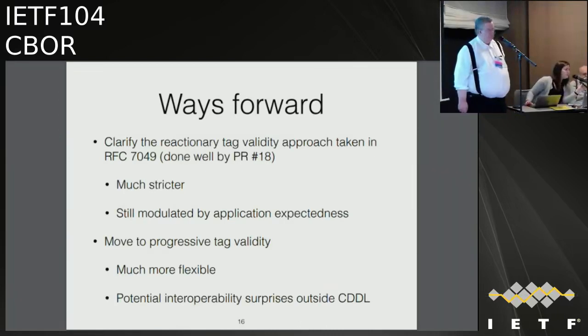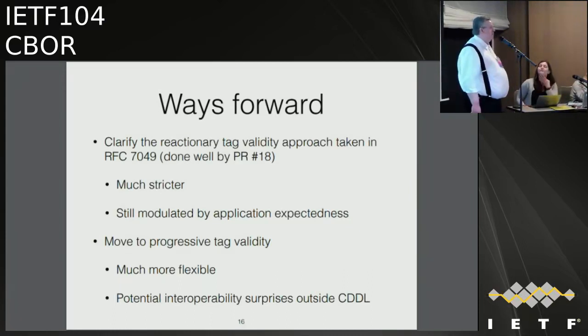So should we also continue the discussion on the mailing list? Definitely. And Carsten, do you want to suggest a proposal to start with, or do we start with the mailing list? I think the next step would be to integrate 18, do the split, and then see whether we are happy with what we have.